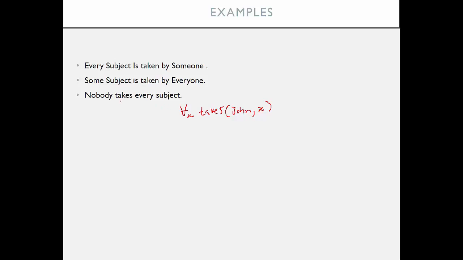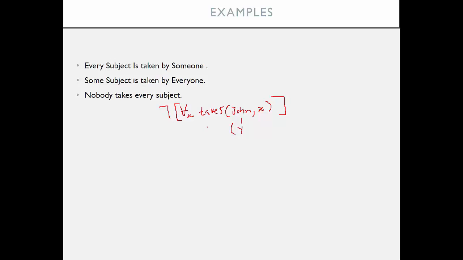Now here the statement goes like, nobody takes every subject. So nobody means that everyone is involved, and John is also a person among them. So when everybody is not taking every subject, John is also not going to take every subject. So we will have a negation outside this. So we're talking about everyone. Now John over here will get replaced by a variable y.